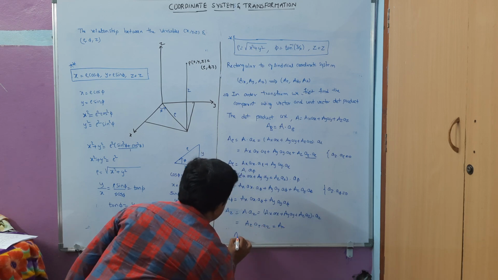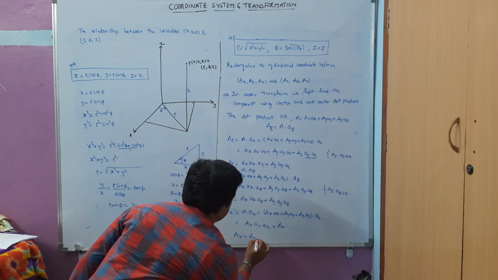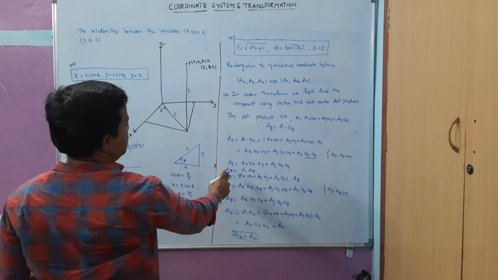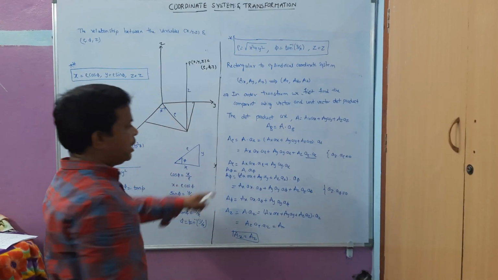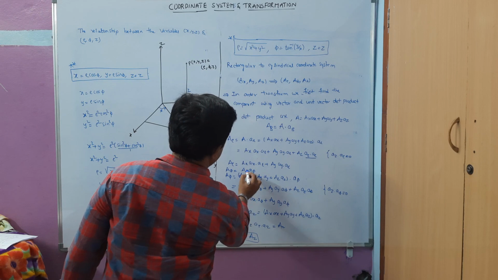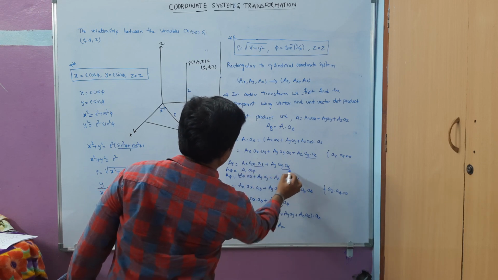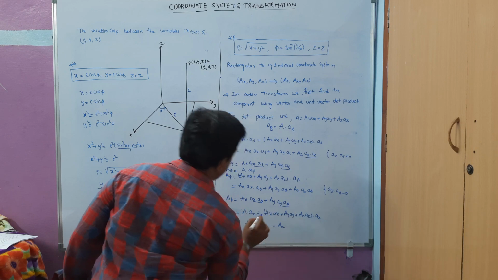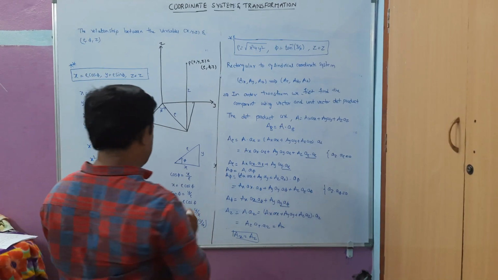So we have got a rho, a phi and az. Now we have to calculate all these dot products, these are the 4 things we need to find here.